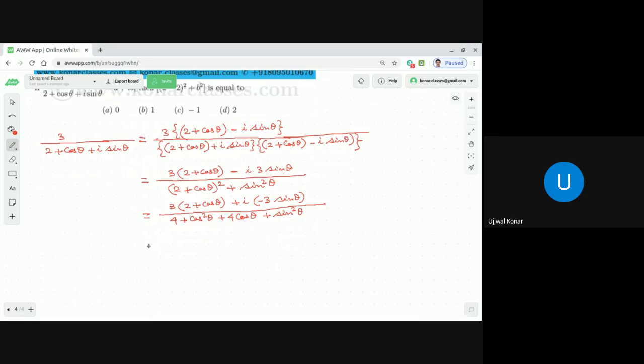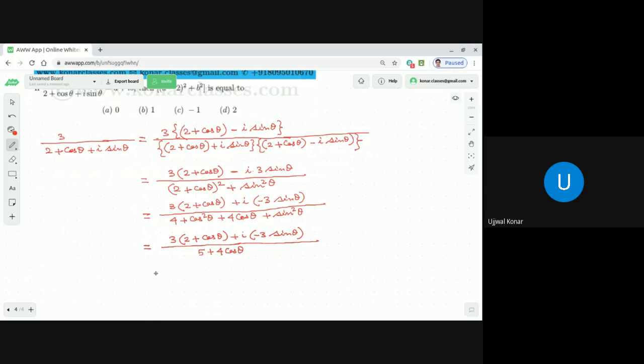So from here we are going to get 3 into 2 plus cos theta plus I into minus 3 sine theta. Since cos square theta plus sine square theta is 1, 4 plus 1 is 5, so 5 plus 4 cos theta.